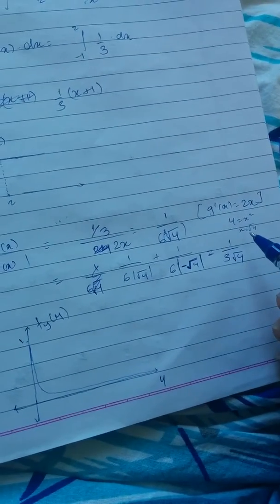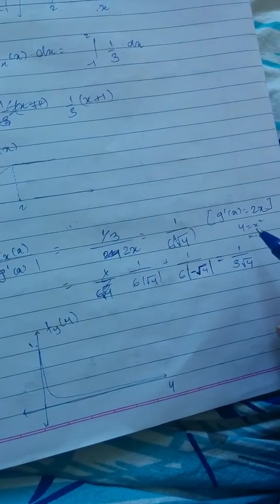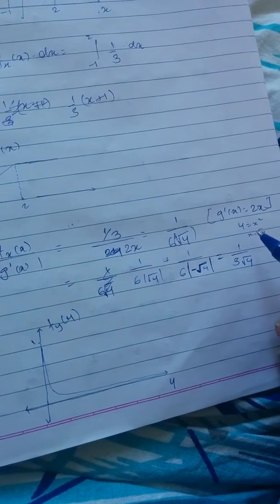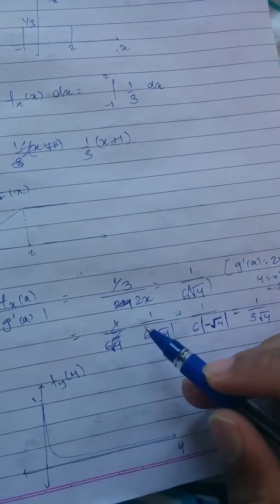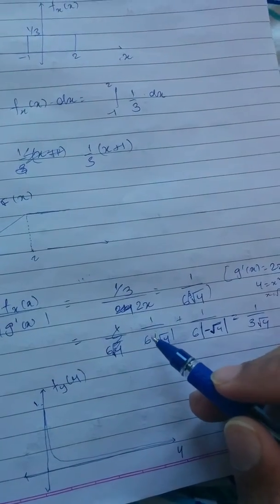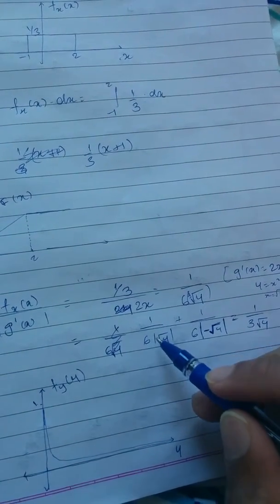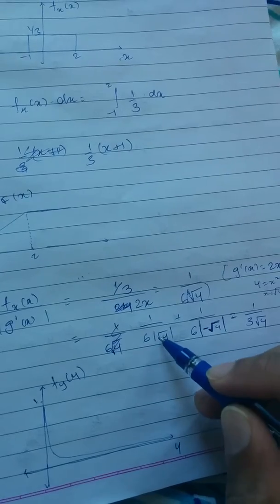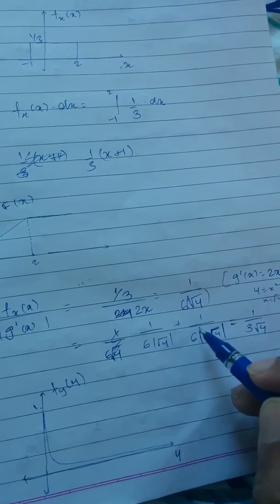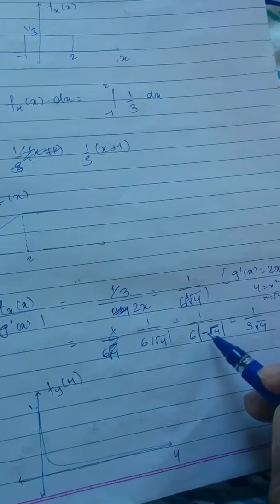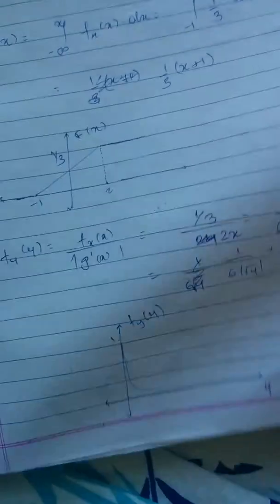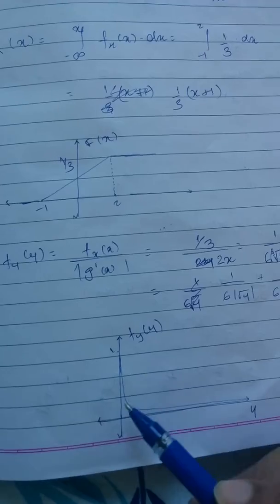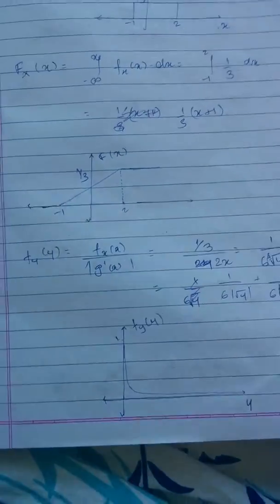Now x is root y, but since it's a root, it can take two values, either positive or negative. So we take the magnitude: 1 upon 6 mod of the positive root plus 1 upon 6 mod of the negative root, that comes to 1 upon 3 root y. If we sketch a graph, we get something like this for f_Y of y.